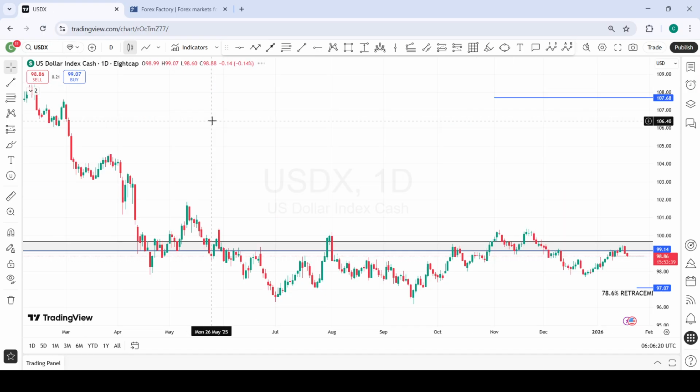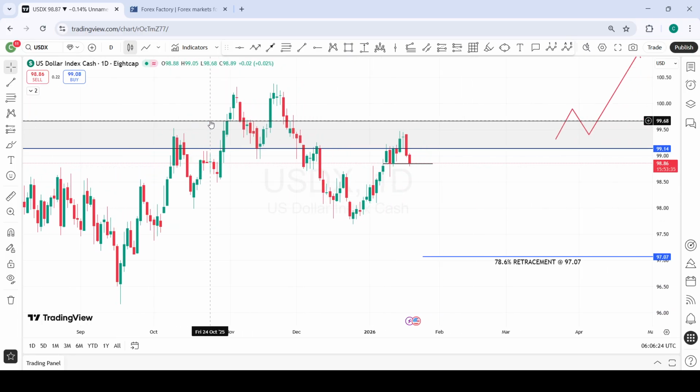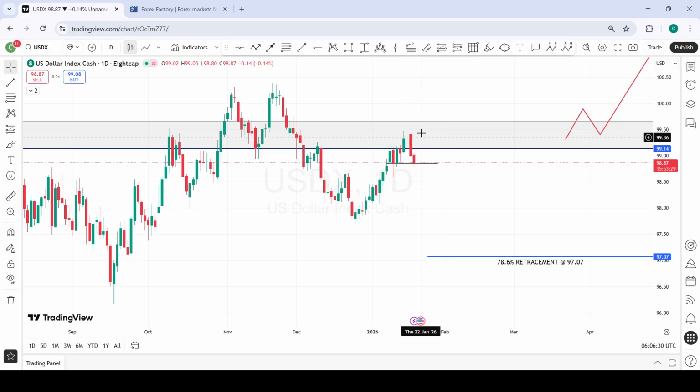We have here DXY, and DXY was a bit tricky in the previous weeks, and then currently price has made its way into an area of interest where you can see a strong reaction coming from this area of interest. We still have the monthly time frame bearish and the weekly time frame bullish, but the daily time frame is shifting bearish.